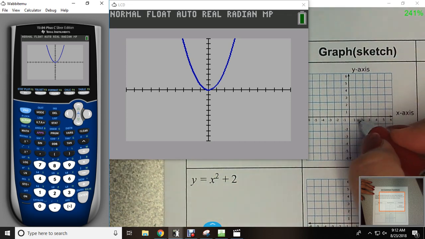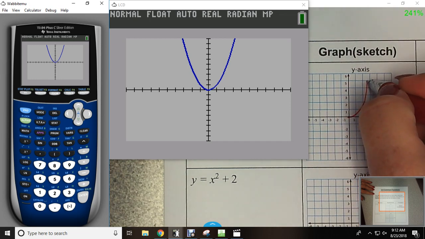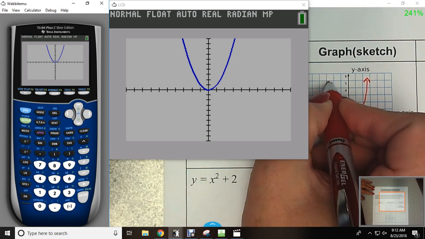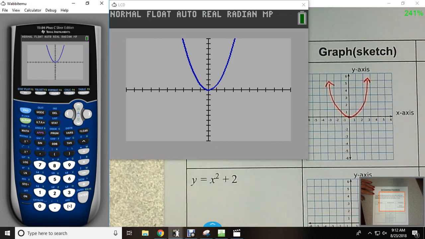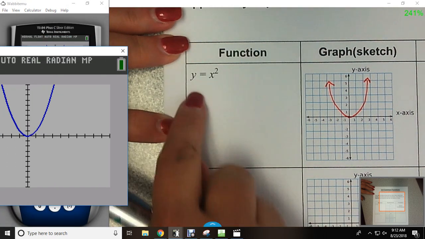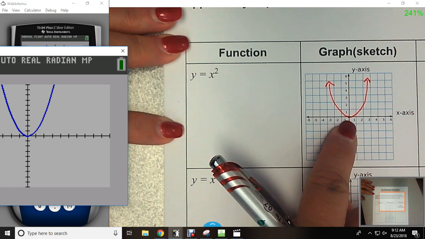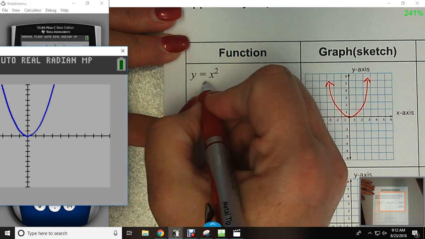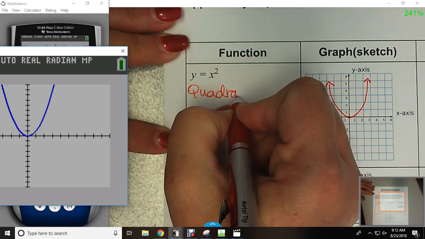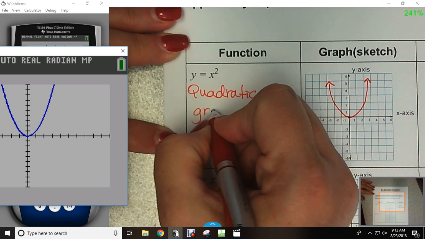Okay, I can see that it starts down here at 0, 0, and it goes up this way and this way. Okay, every x squared equation, the graph is going to resemble this. Okay, x squared is called a quadratic, and the graph is a parabola.